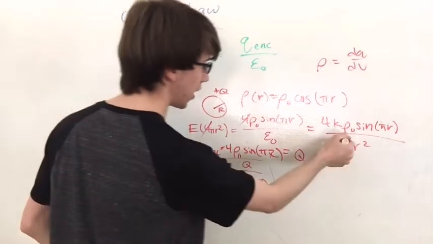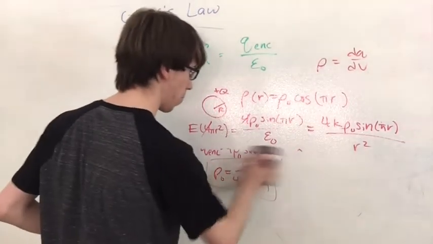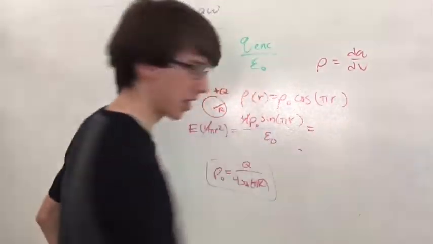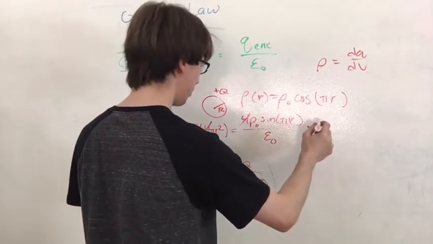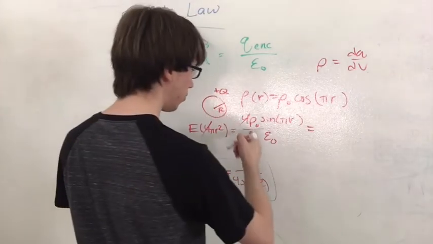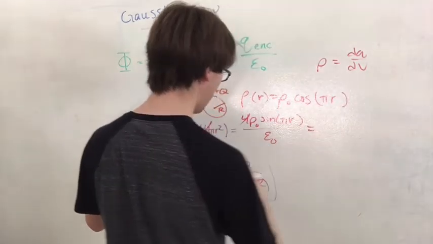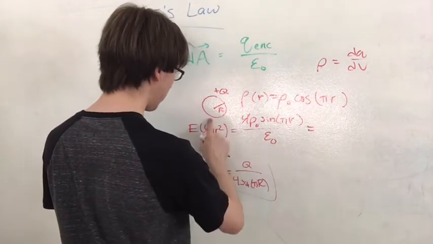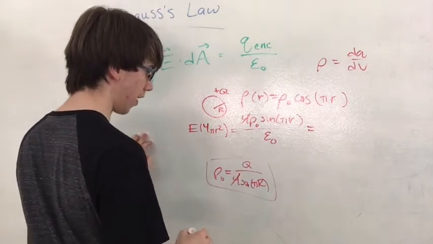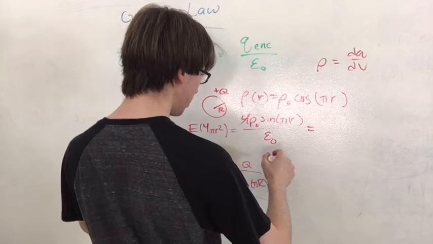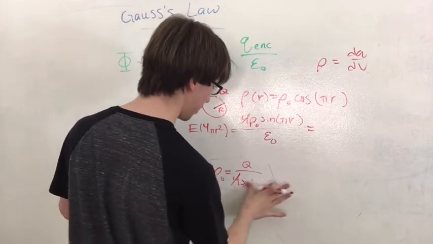Then we can plug that in here. Let's remove the k because it's kind of useless, and leave it in terms of epsilon naught. So E is equal to rho naught, which is Q over 4 sine pi R. The 4 cancels out with this 4, and the sine pi r doesn't cancel out because that's a different r.